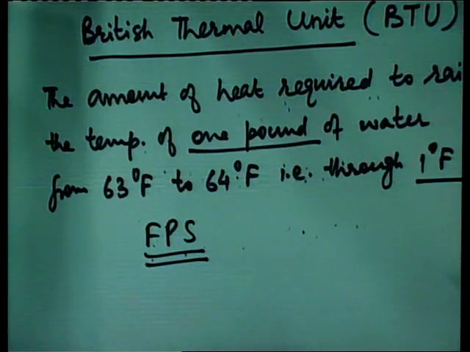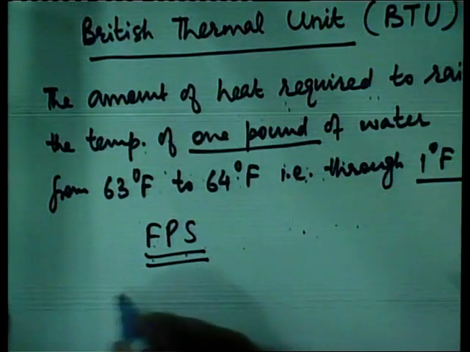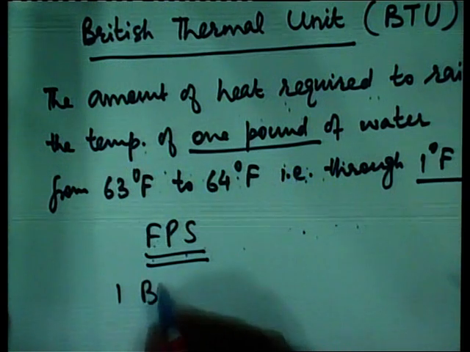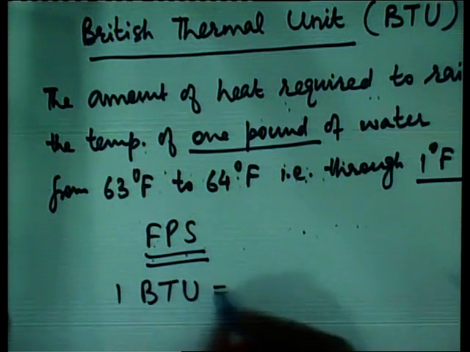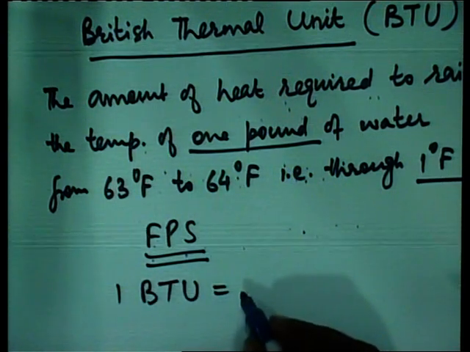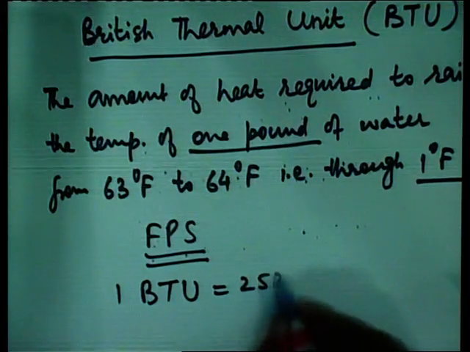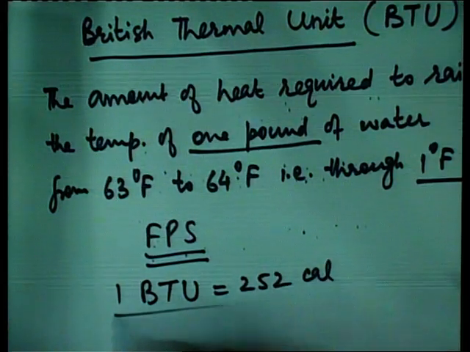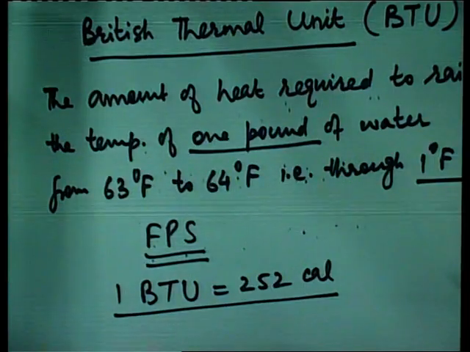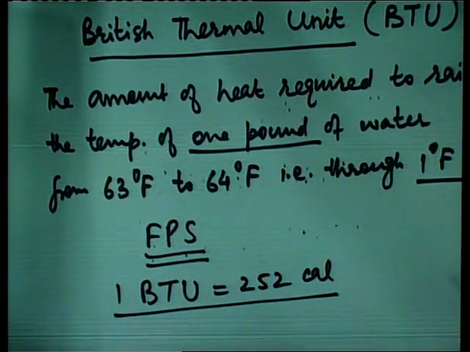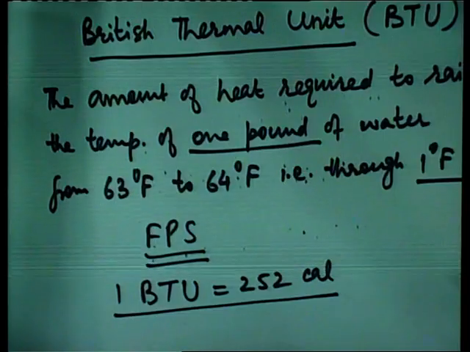joule or calorie. This British thermal unit is not in practical use now, but you must know that one British thermal unit is equal to 252 calories. This is how the British thermal unit and calorie are related to each other.